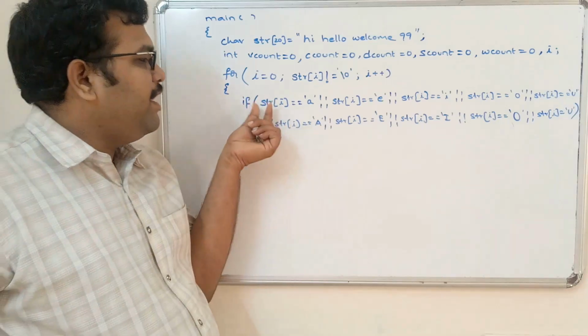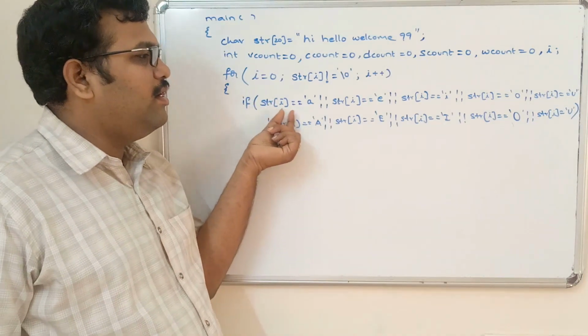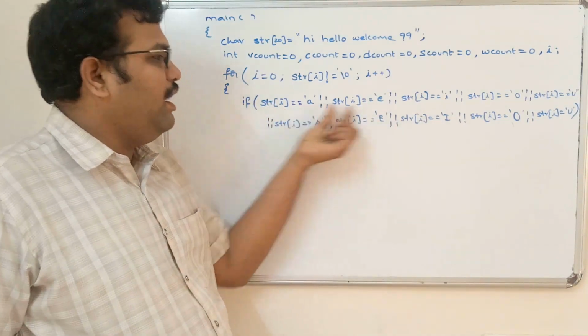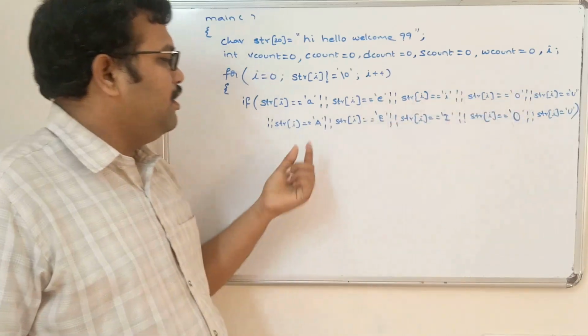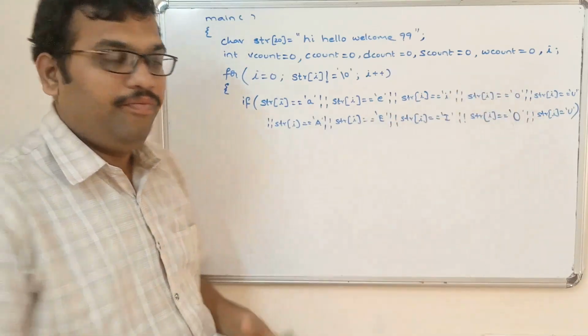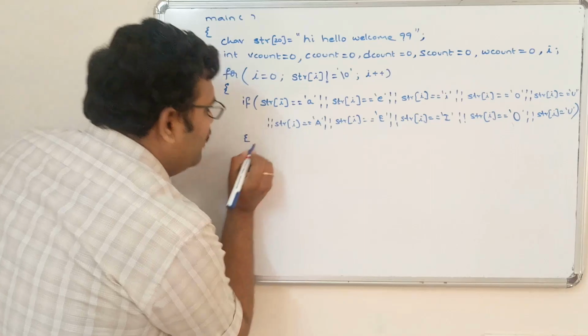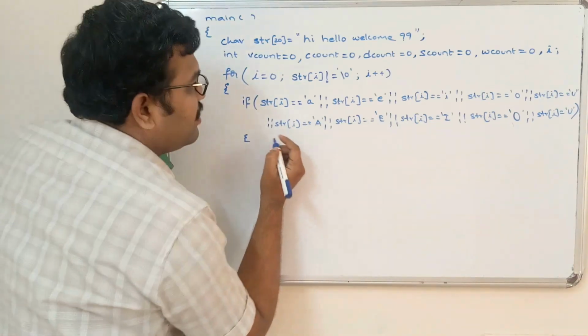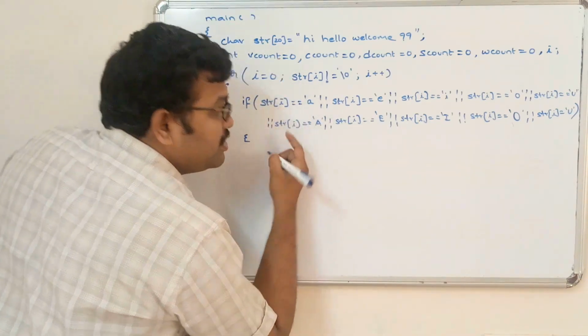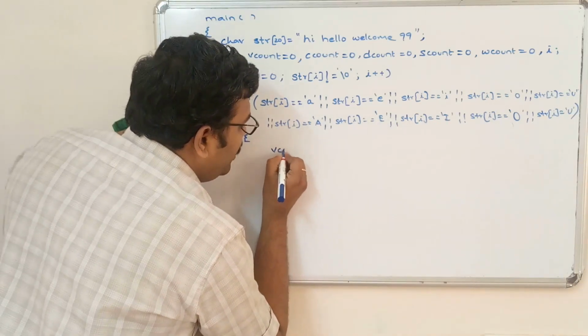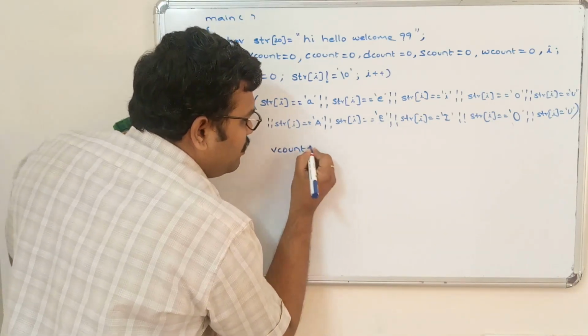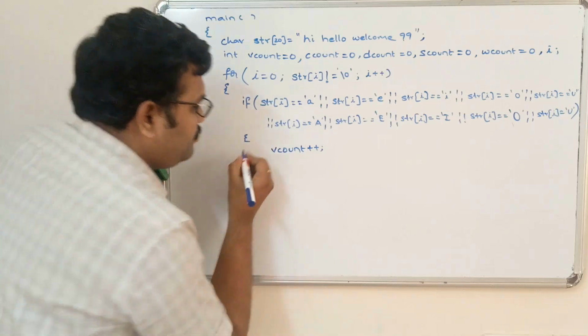So here we are comparing the character with all these vowels A, E, I, O, U. If it satisfies, increase the v count, because these are vowels. So v count plus plus.